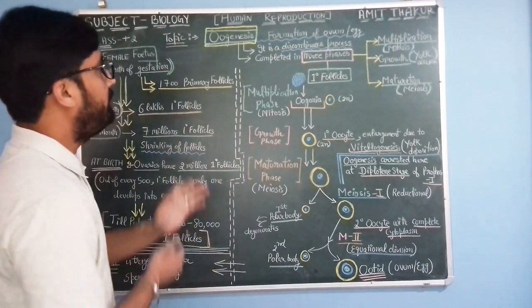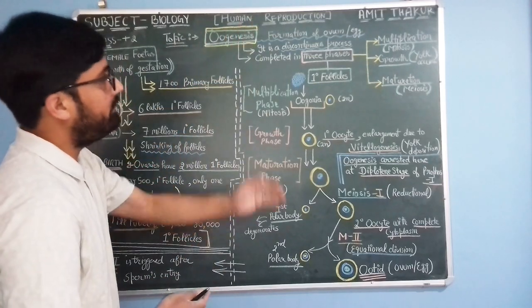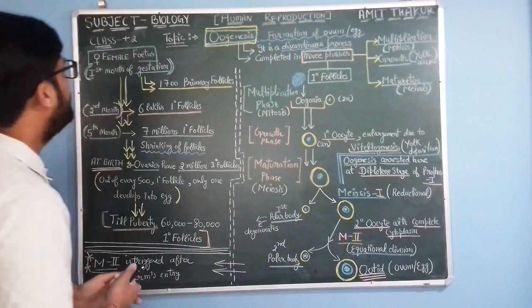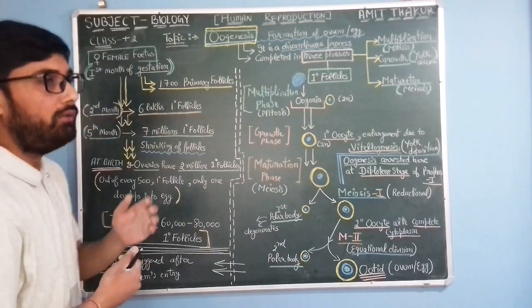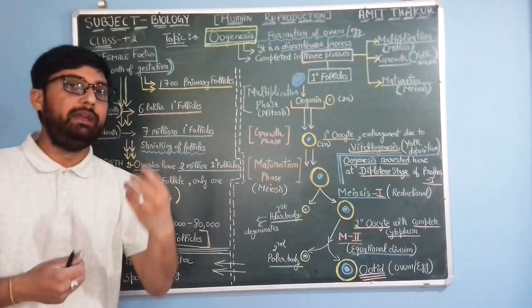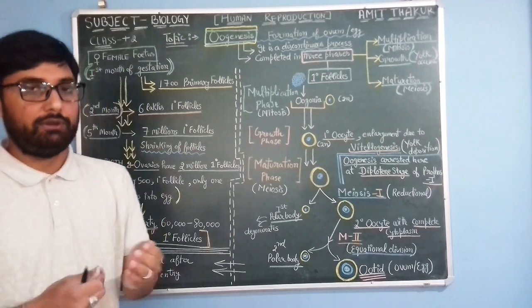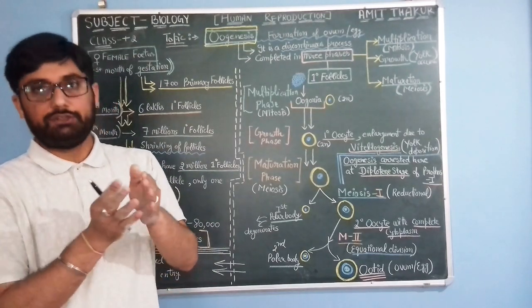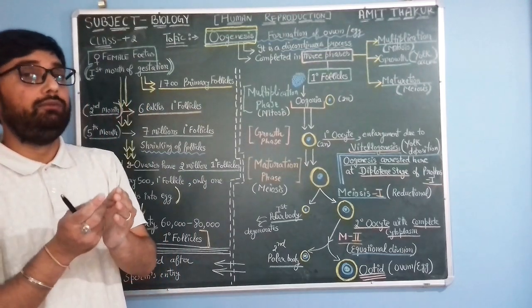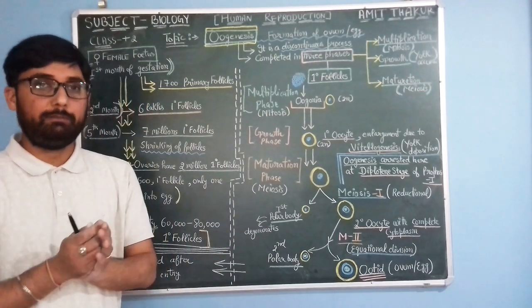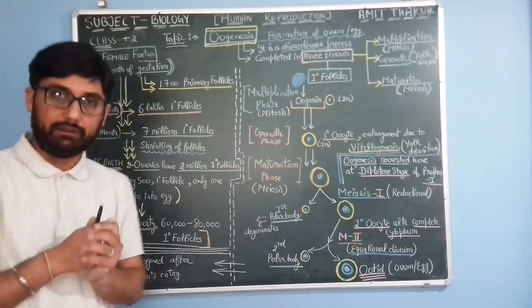Okay, so before going through these phases of oogenesis, let's talk about how a female fetus develops during the gestation period inside the uterus, and what various changes take place inside the female fetus.